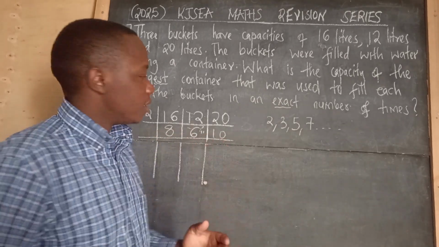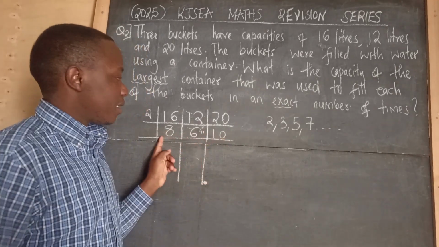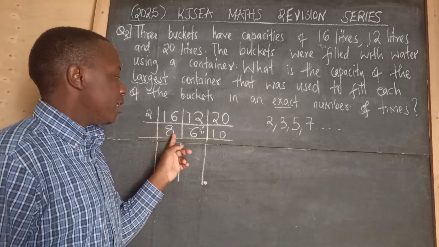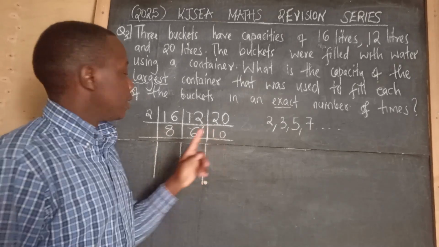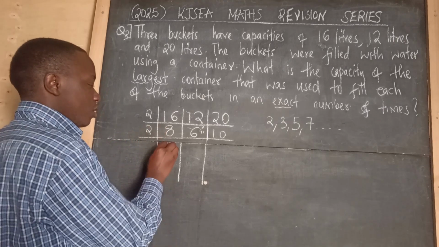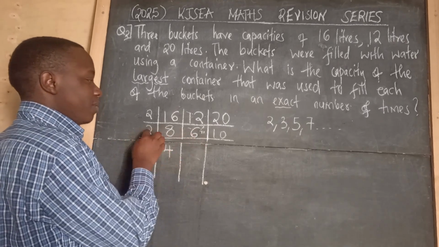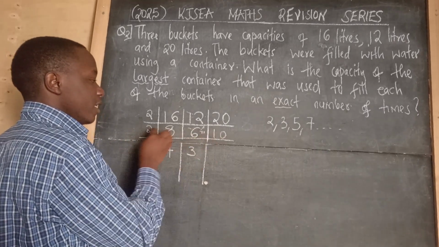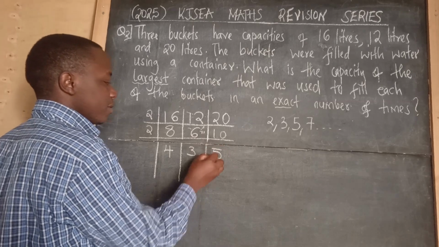Again, we proceed. Can 2 divide these numbers? Yes, 2 can divide 8, 6, and 10. 8 divided by 2 is 4, 6 divided by 2 is 3, 10 divided by 2 is 5.